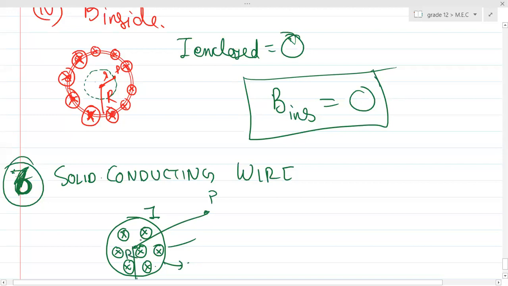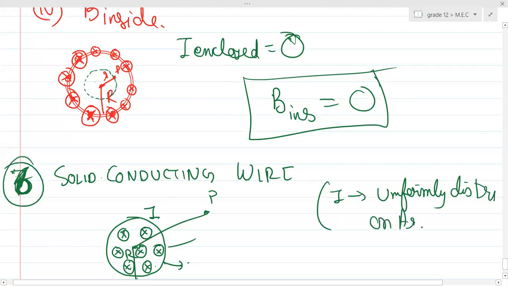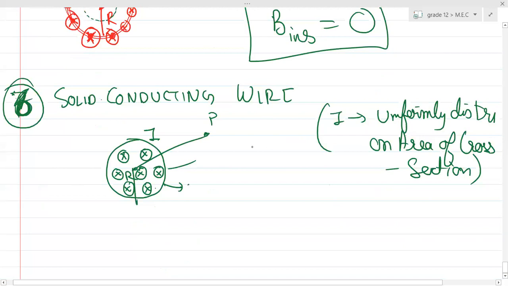Can you see this thing, guys? I'll just write this thing. I is uniformly distributed on the area of cross section. Will you be able to do the first, second, and the third part? Again, what do you need to find out?